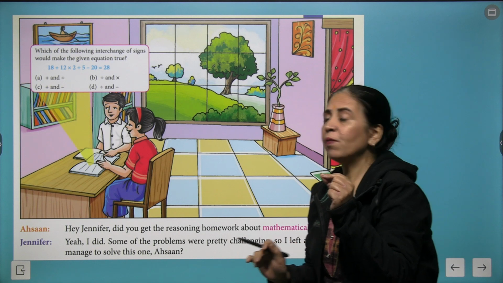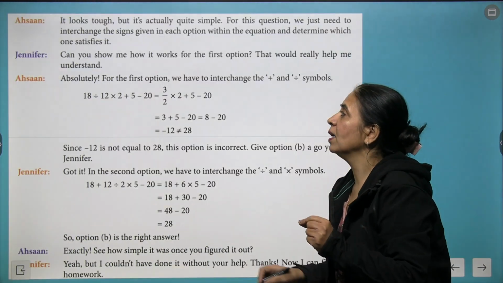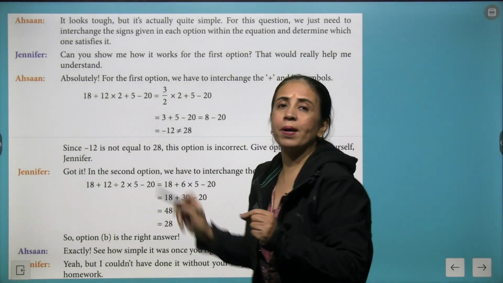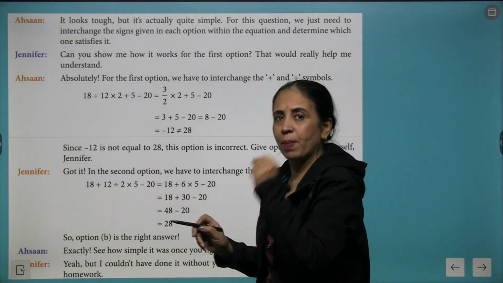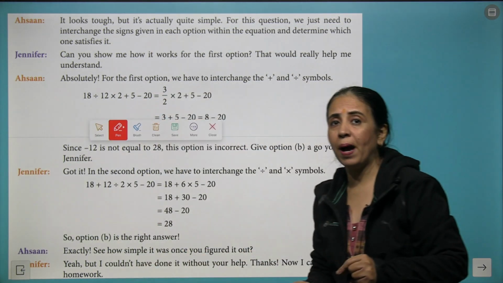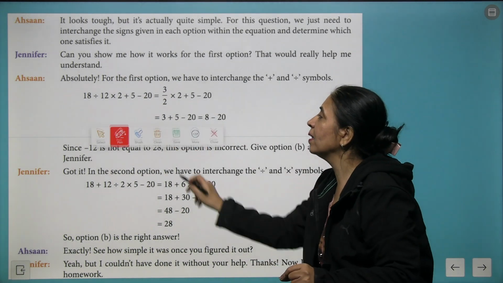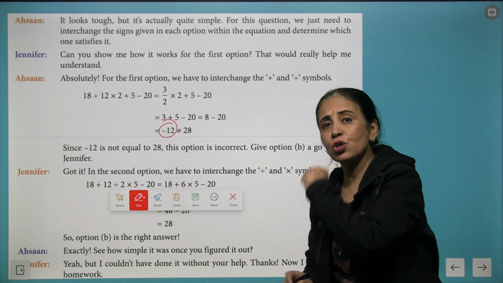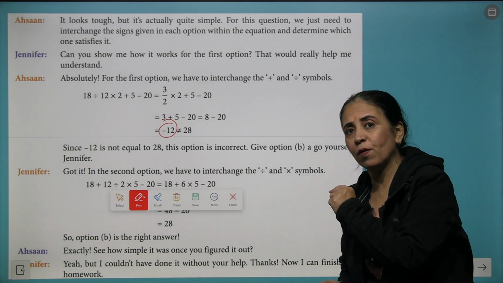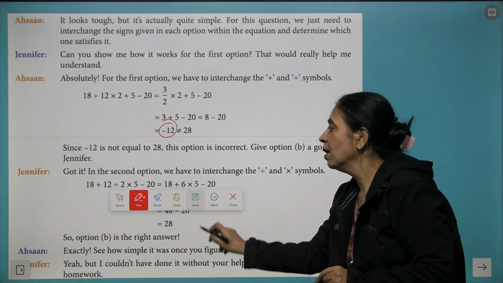So the first thing that we'll do is we'll replace the signs of plus and division. That means in the expression, plus is replaced by the sign of division and division is replaced by plus. What do you observe? We see that the left side of the equation is not equal to the right side of the equation. So it cannot be your right answer.